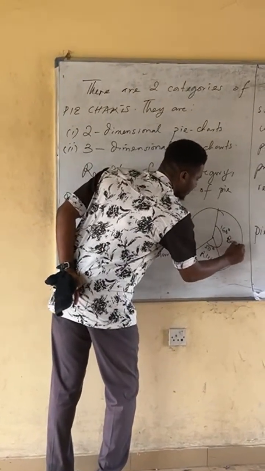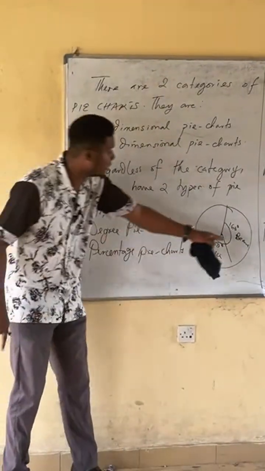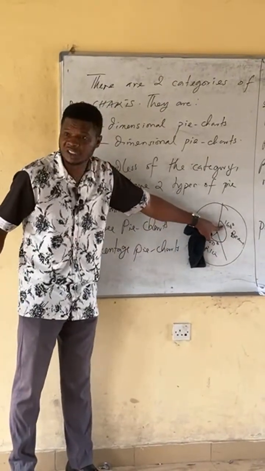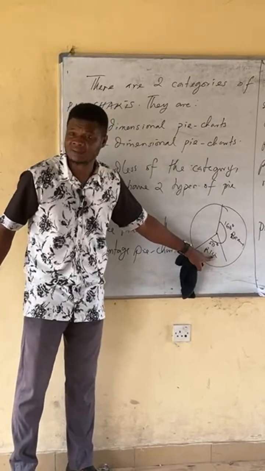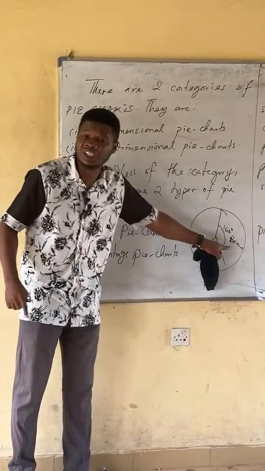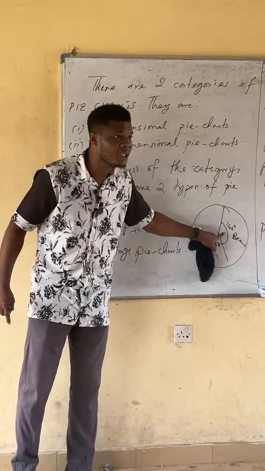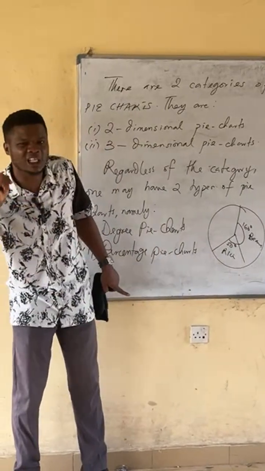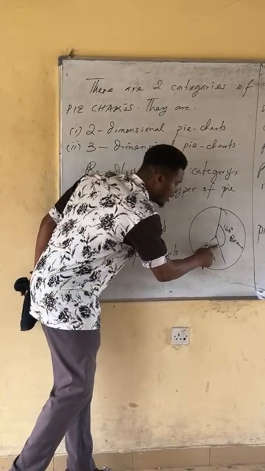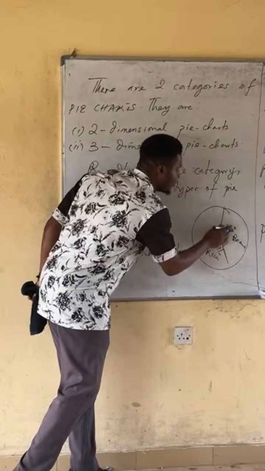This is a degree pie chart. This is a commodity like beans, represented by what? 160 degrees. This is a commodity like rice, represented by what? 50 degrees. How large the commodity is in size is as large as the what? The degree. Now, if you were using a percentage pie chart, this will not be what? Degrees. Do you understand me? This will be what? Percentage. This could be 70%. This could be what?